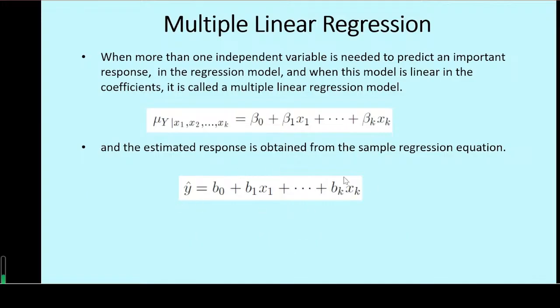And this is the estimation of the model. Y hat is the mean value of y given the x variables.